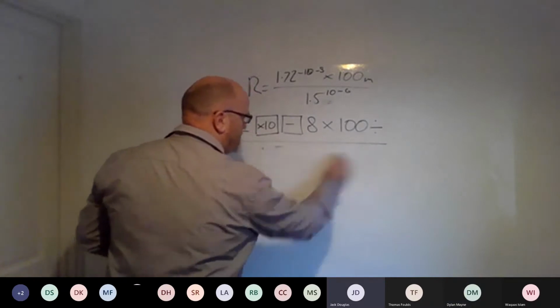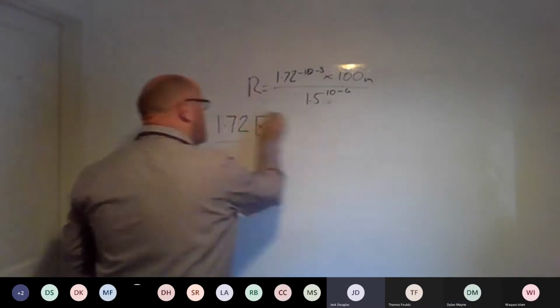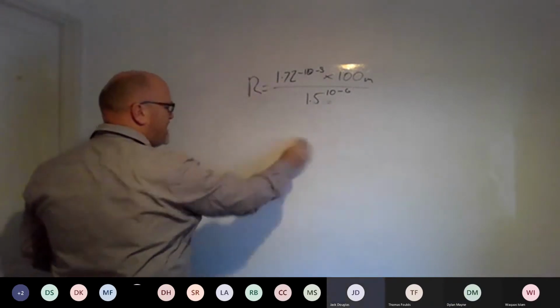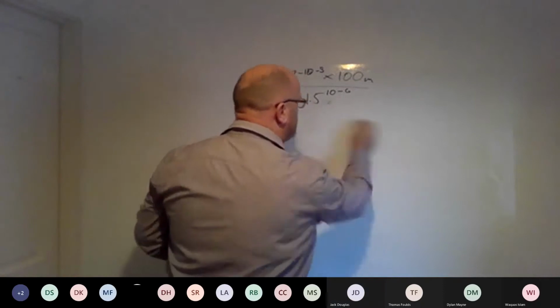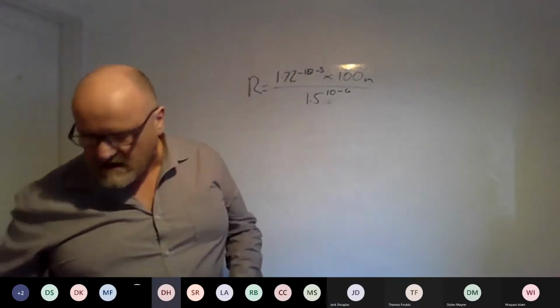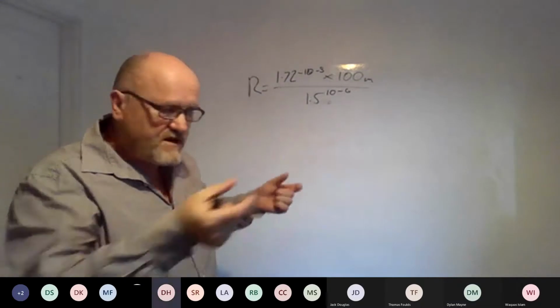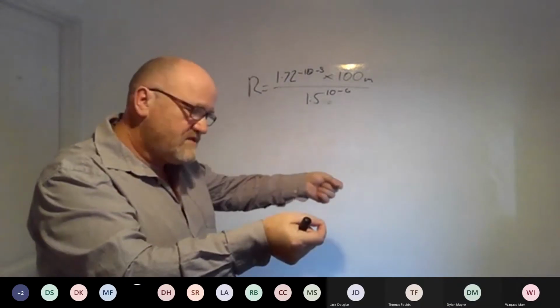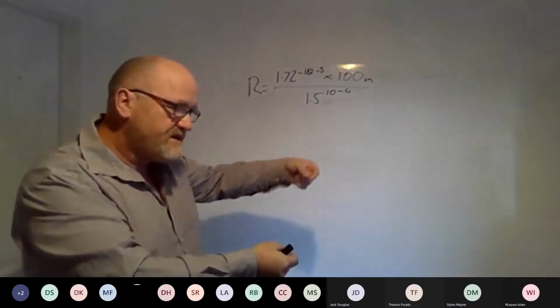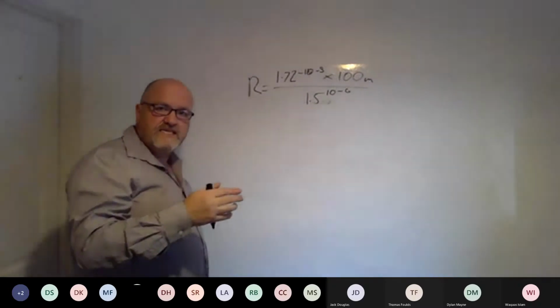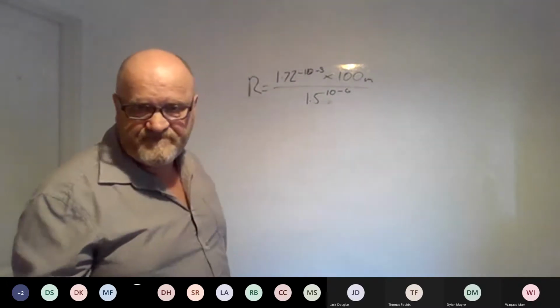It's 100 meters. So let's just say I bought a roll of cable and I wanted to make sure I'm buying 100 meters. If I got a low ohm reading meter, and put it from one end of the cable to the other end, the middle bit and the outside bit, and did a resistance test, what reading should I get?